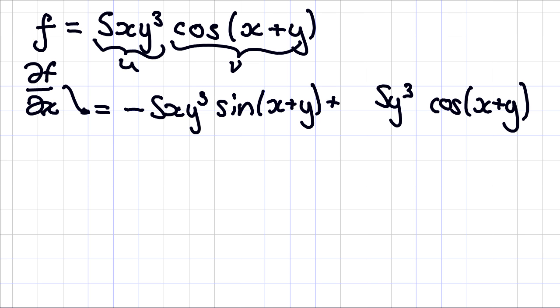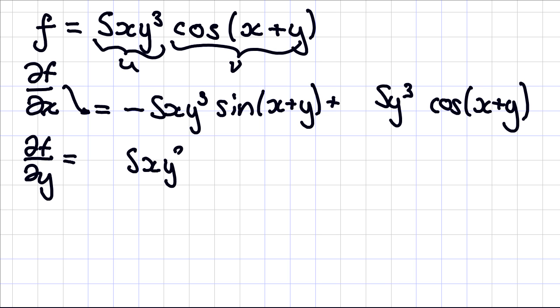The next thing to calculate is df dy. And now that's going to be u dv dy plus v du dy. So u, 5xy cubed, and dv dy again is going to be minus sine x plus y.